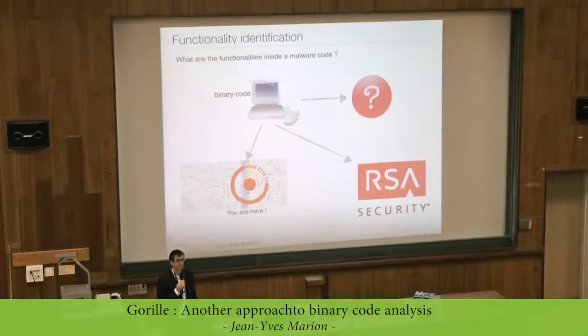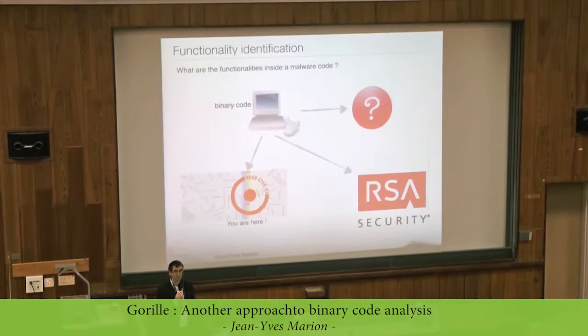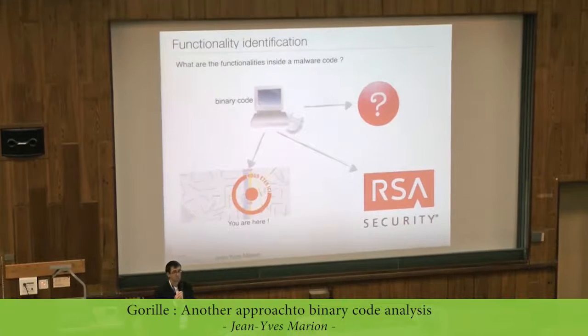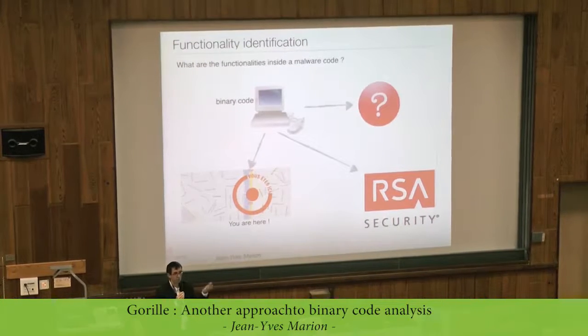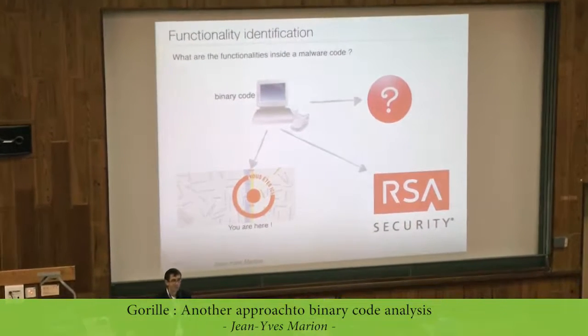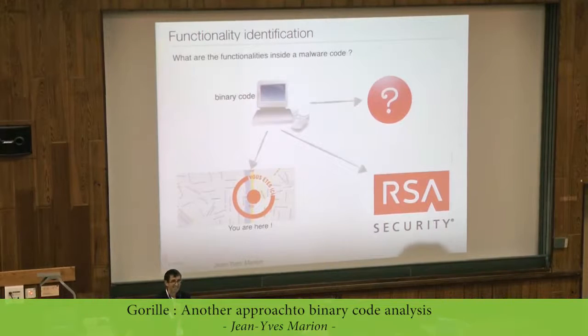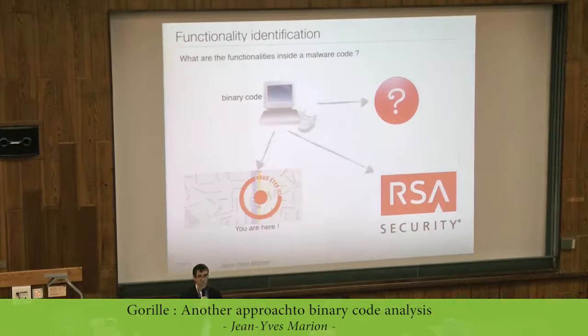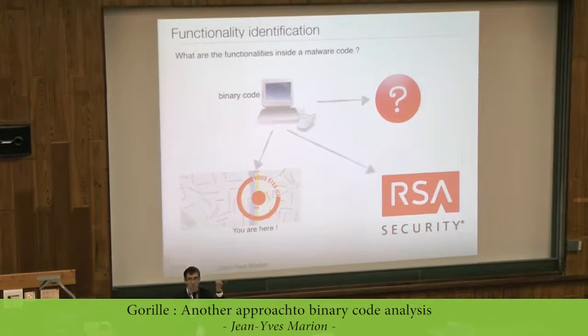If not, that means that you are downloading some binary code and you ask yourself whether or not it is a malware. In this case, the only way to deal with this issue is to look at the functionalities inside the binary code. For example, on your smartphone, you download some application, a game with a bird or whatever you want, and this application asks you, or does not ask you, about looking at your GPS position, your contacts, and so on.